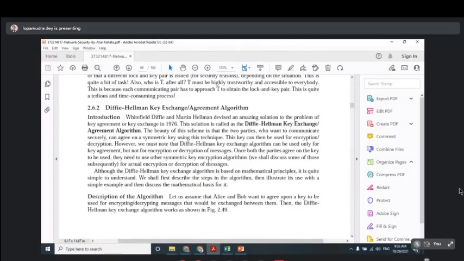Now just think: the main issue of symmetric cryptography is how to share the key. Either you can tell the key to your receiver by phone or by letter, but whatever way you choose, it may be attacked by the attacker. If you are telling it via phone, somebody may listen to the information you are sending.